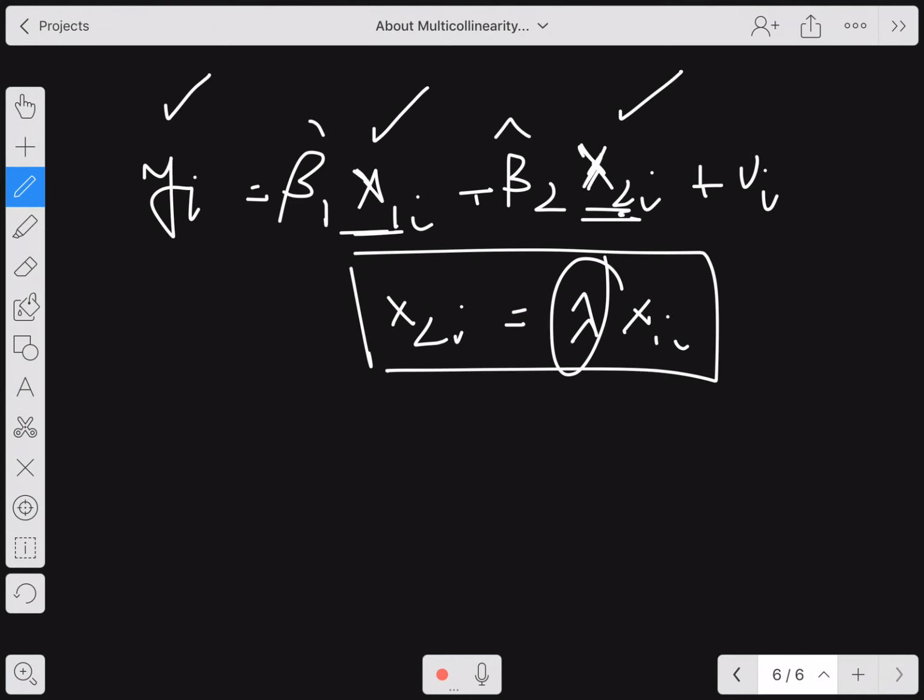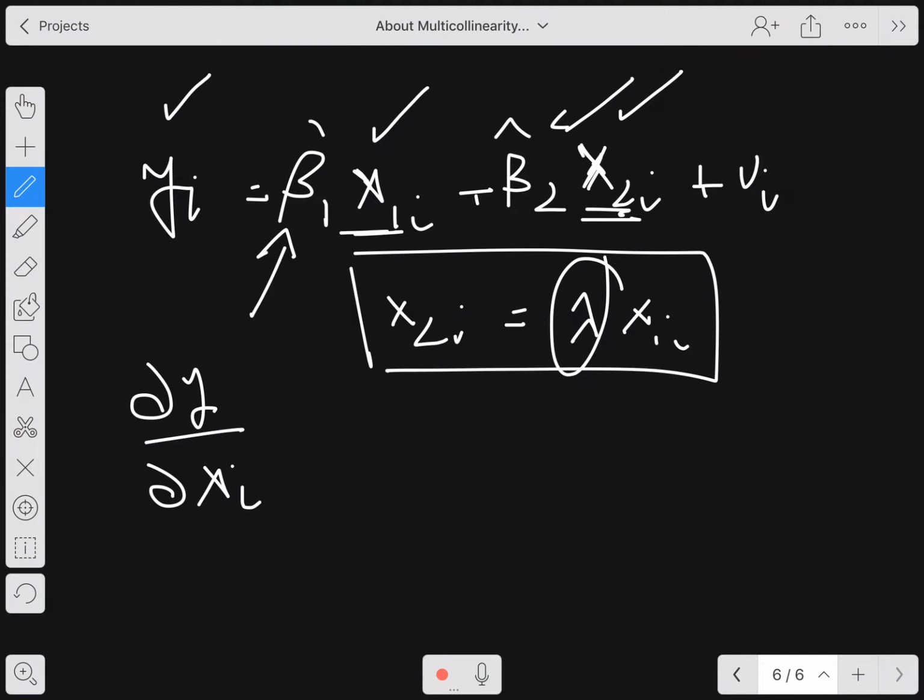So you have to make sure that the presence of perfect collinearity in the model makes the estimation of the betas, where the beta is the change in y because of the change in whatever xi, for example x1 or x2, not accurate.